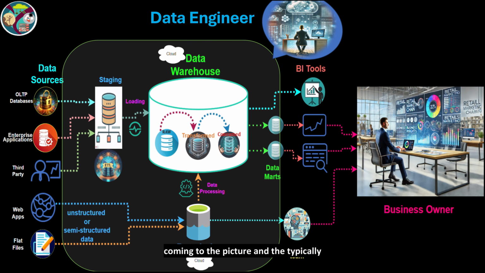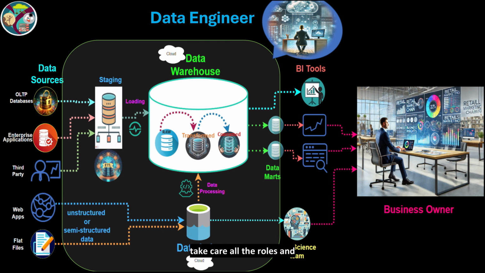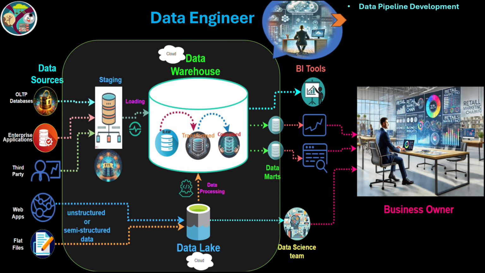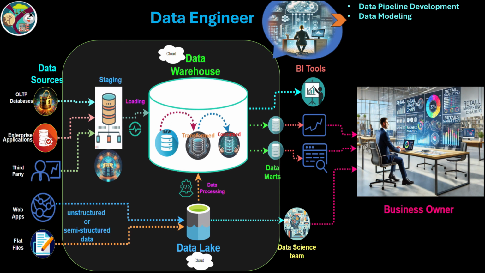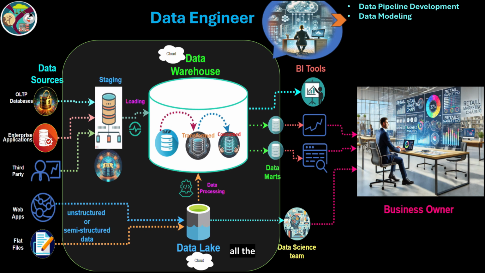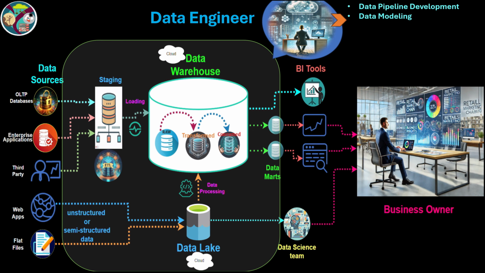Typically the data engineer takes care of all the roles and responsibilities highlighted on the current screen, right? The data engineer is going to build data pipelines to collect this data from across all the stores. Then he is going to model the data into a more readable format.